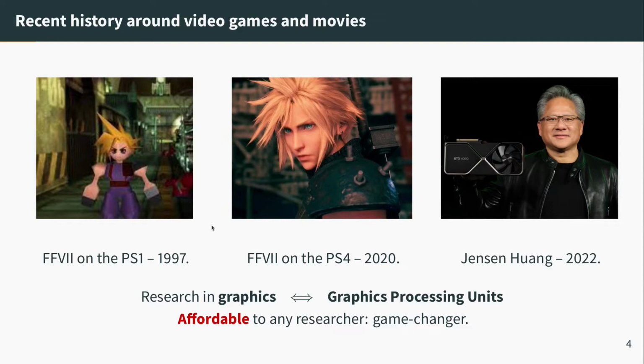And basically, we've seen that with our eyes. Like if I look at video games that we were playing when we were children, Final Fantasy VII on the PlayStation 1, it looked very blocky. You had maybe 1,000 vertices to describe a character. And now, 20 years later, it looks continuous. It's very impressive, this progress.